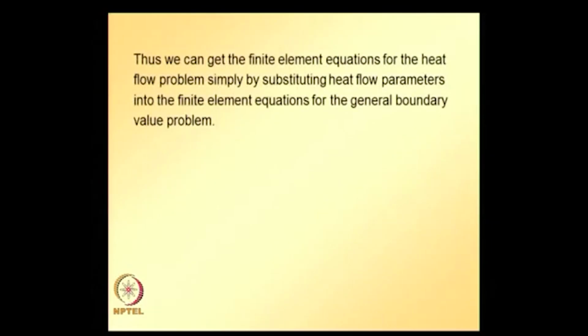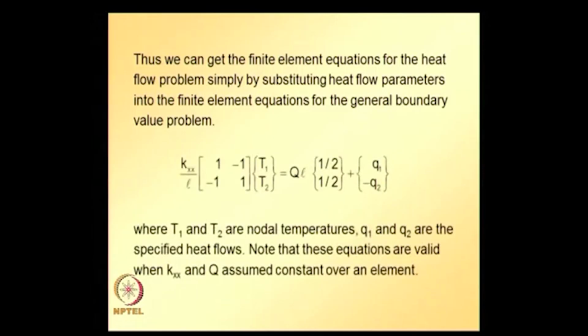So looking at the table, we can get the finite element equation for the heat flow problem simply by substituting heat flow parameters into the finite element equations for the general boundary value problem. So doing that, we get these element equations.